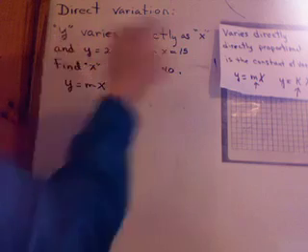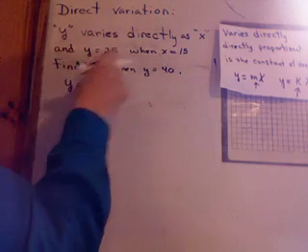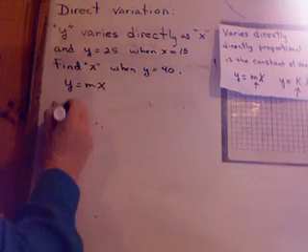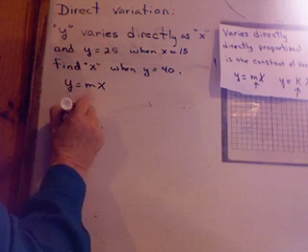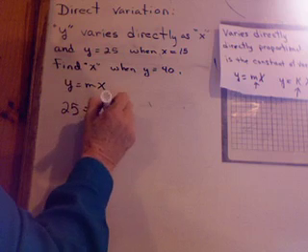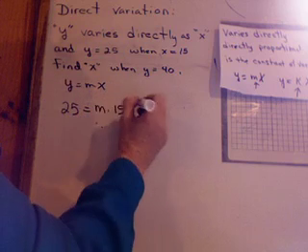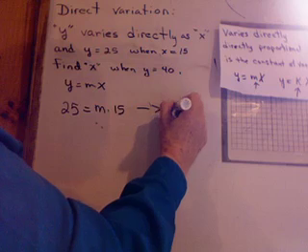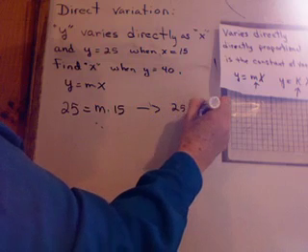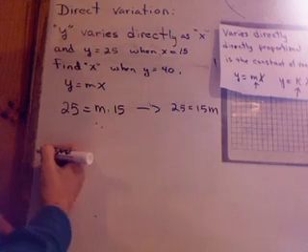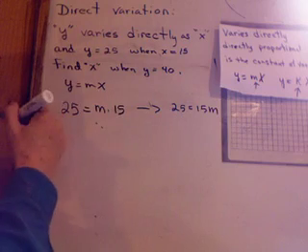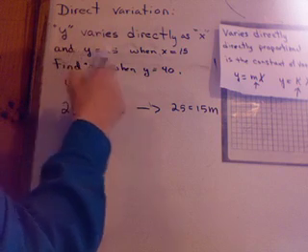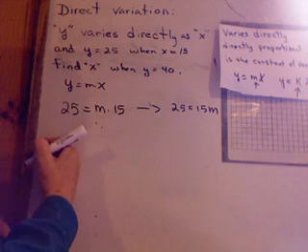So first bit of information says y is 25 when x is 15. So plug that in. 25 equals m times 15. I'm going to rewrite that as 25 equals 15m. All right, now it says find x when y is 40.